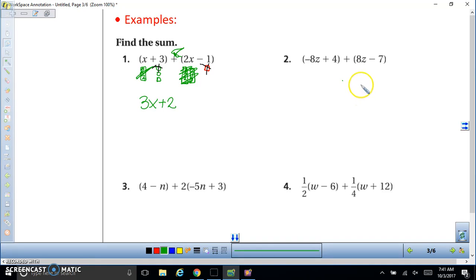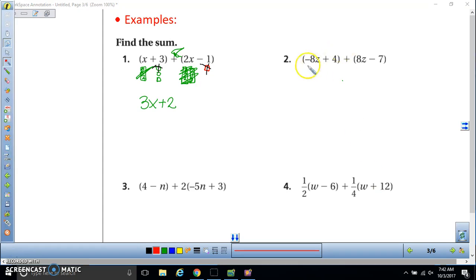There we go. All right, number 2, let's go ahead and draw our algebra tiles. We have negative 8z. Let's get going. All right, now I'm going to use my mouse, so work with me here.